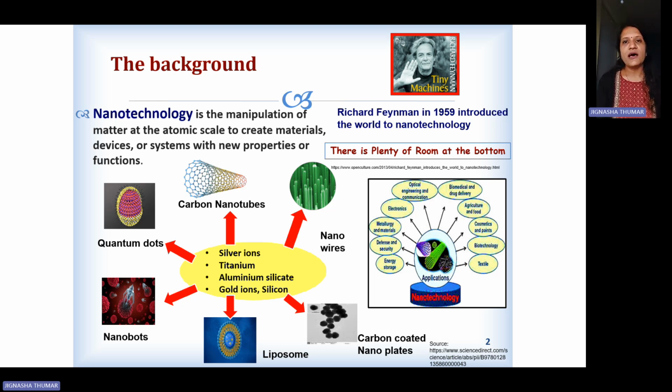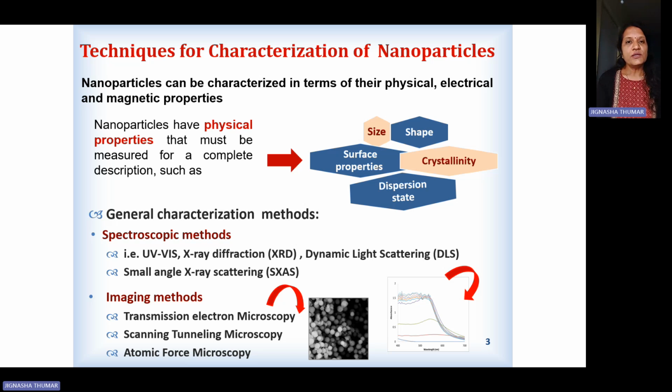These nanomaterials are finding applications in a variety of fields. The one I just mentioned is drug delivery. We can use them in the textile industry, electrical industry, biotechnology, and whatnot. New applications are being developed these days to explore this science more and more. So the topic which I have selected is the techniques for the characterization of nanoparticles.